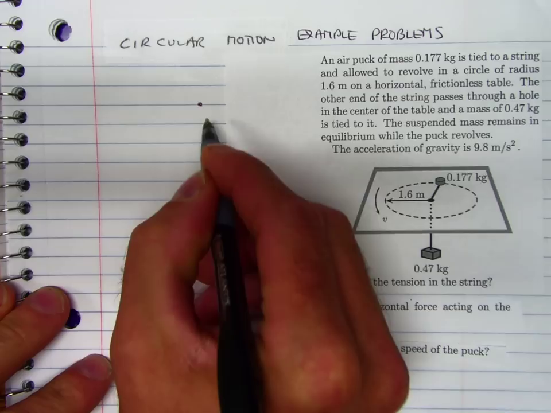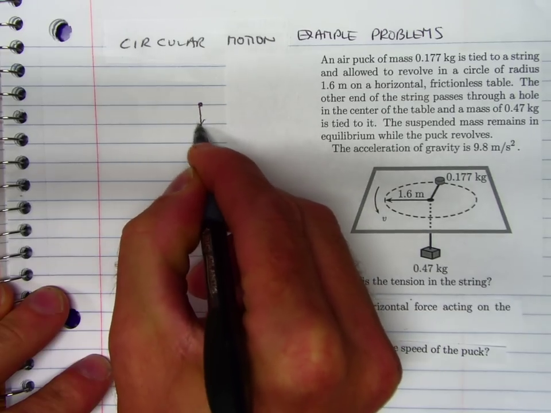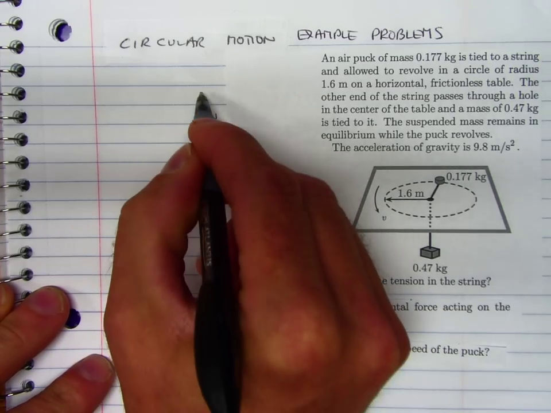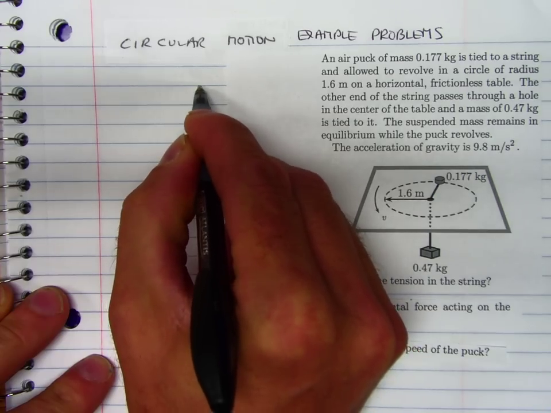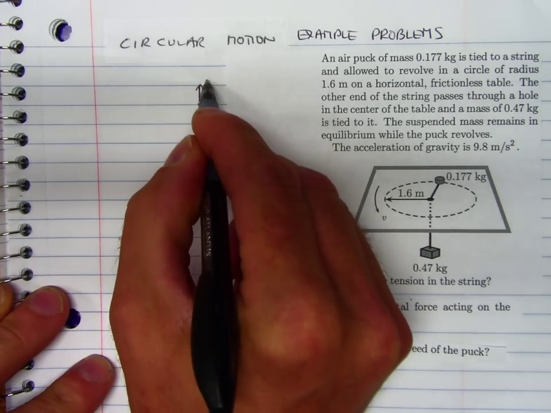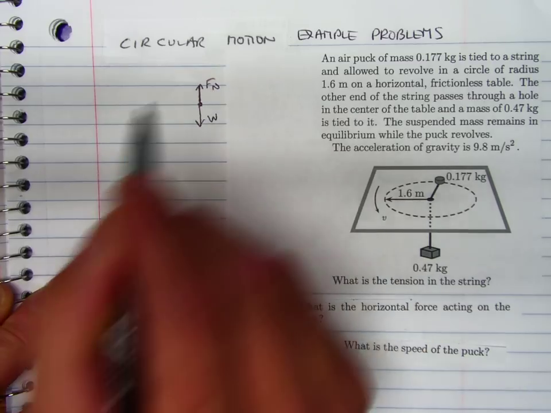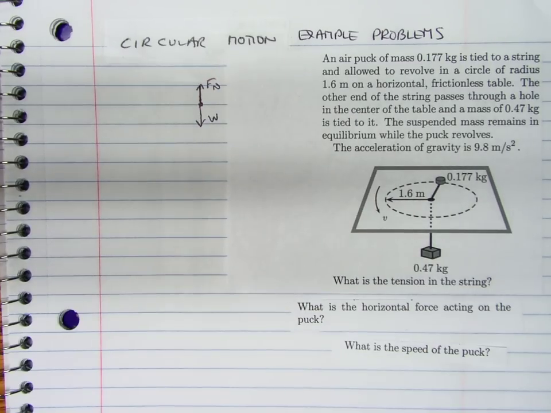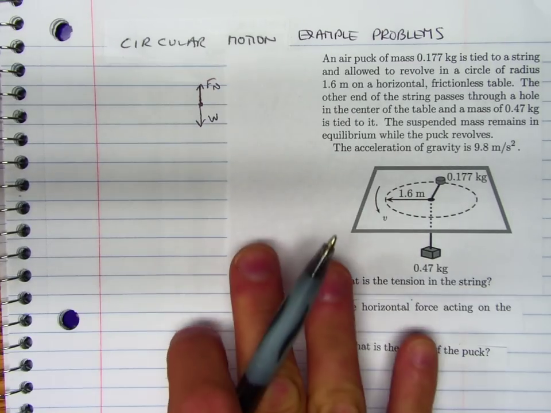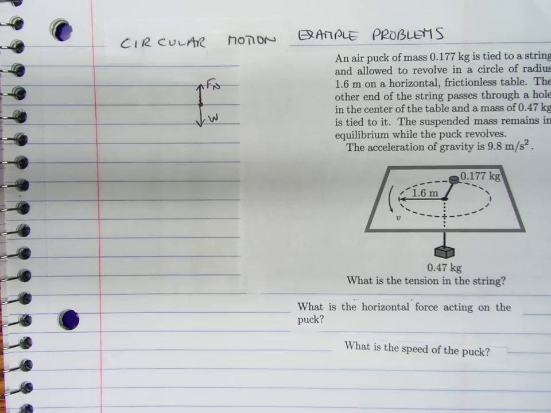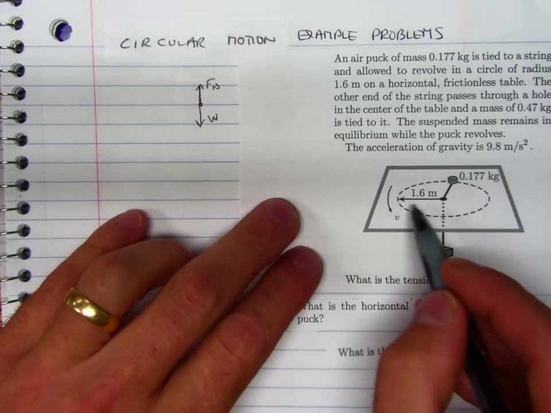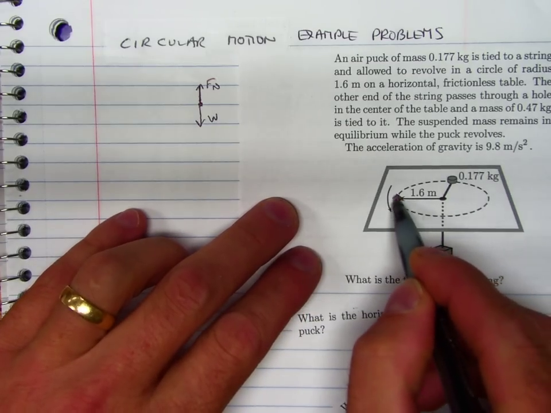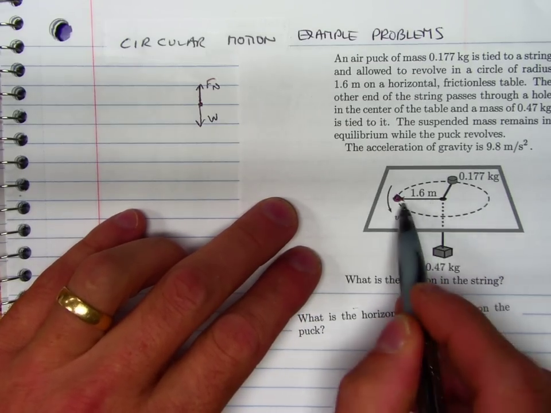I've got weight going down, and then I've got the normal force of the table pushing up on the puck, and then I've got a tension in the string that's pulling, and if the object is located right here, then the tension is pulling in this direction.